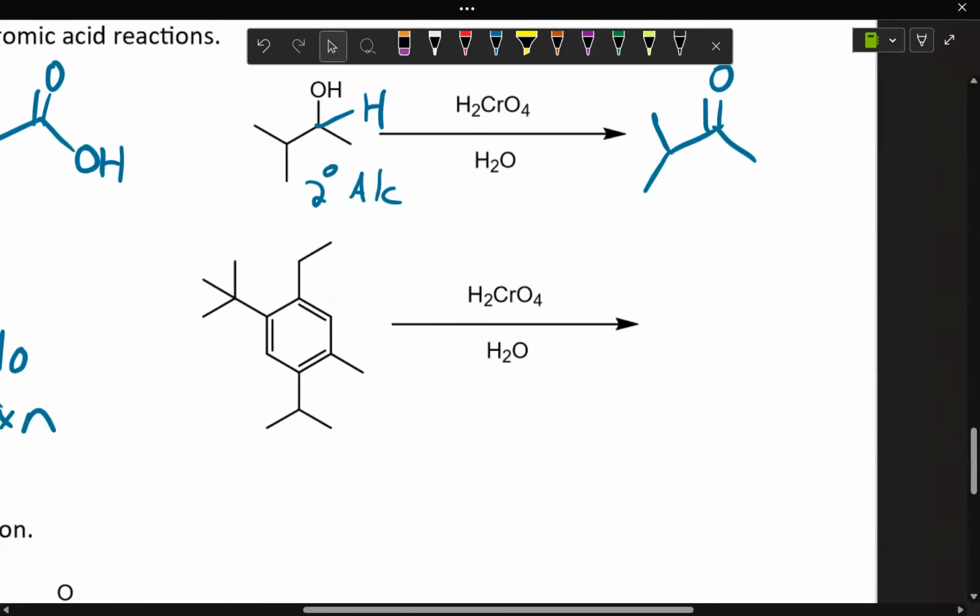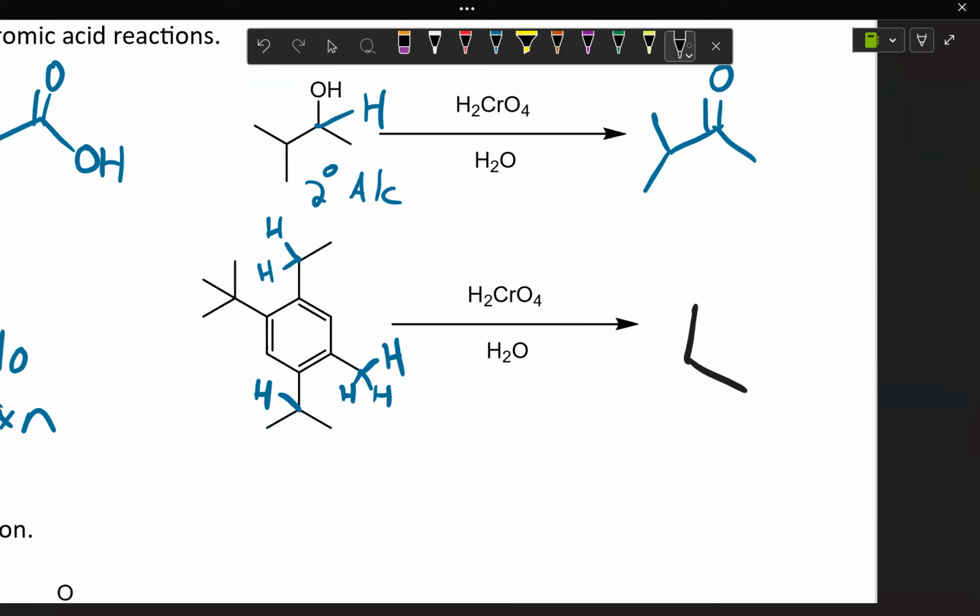Then when you react chromic acid and water with alkyl groups coming off the benzene ring, as long as there are hydrogens on the carbon directly attached to the benzene ring, it's going to turn those into carboxylic acids.